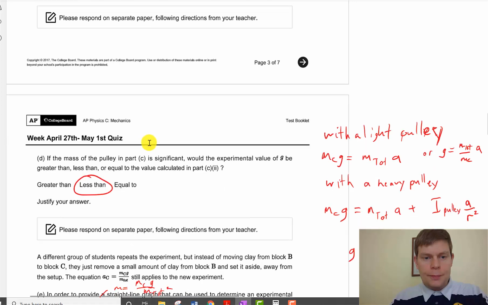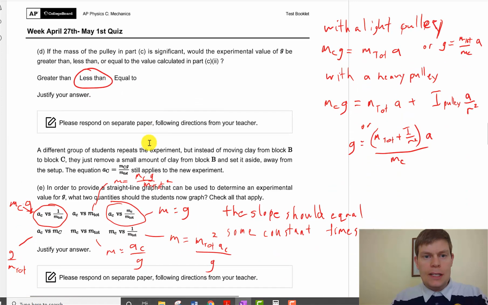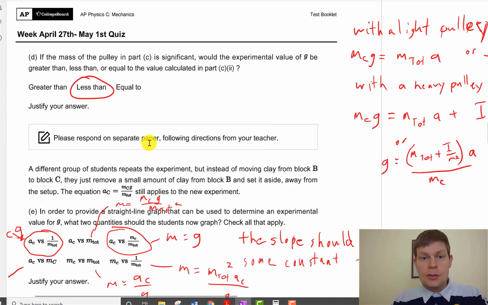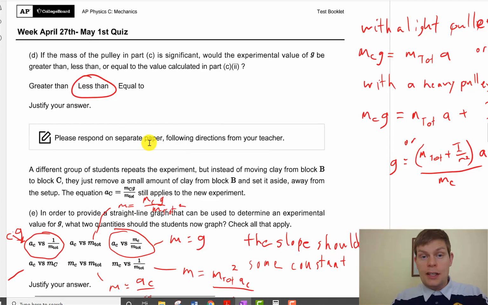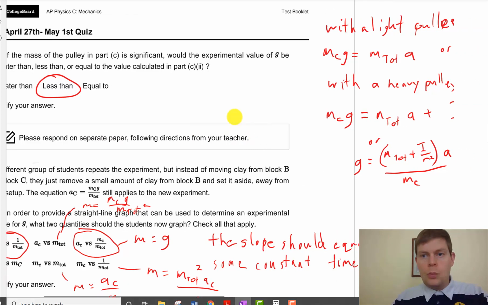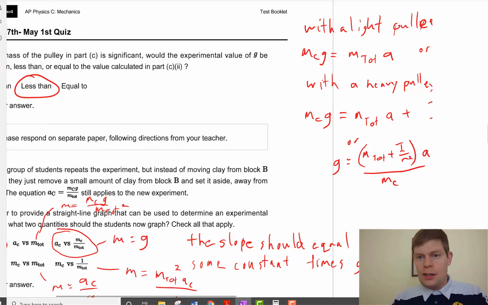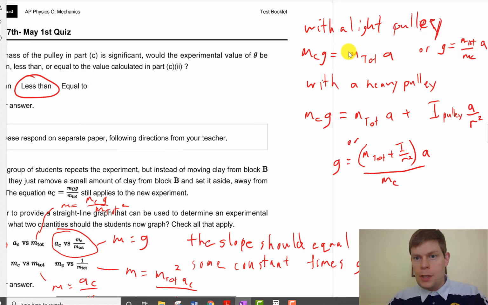All right, and then if the mass of the pulley is significant, so in that case it does have enough of a moment to affect the results, instead of our formula being g equals m total a over m_C, it would secretly look like this.